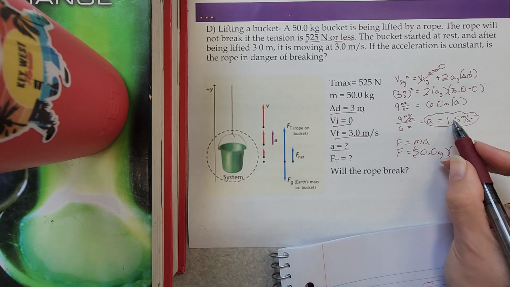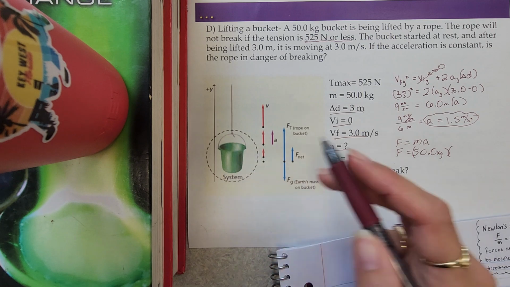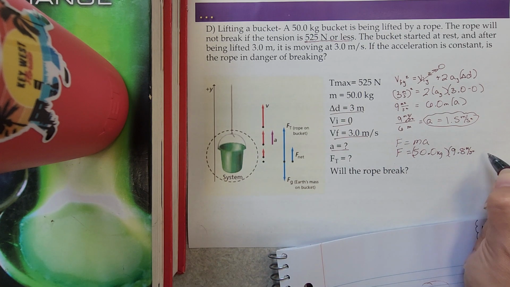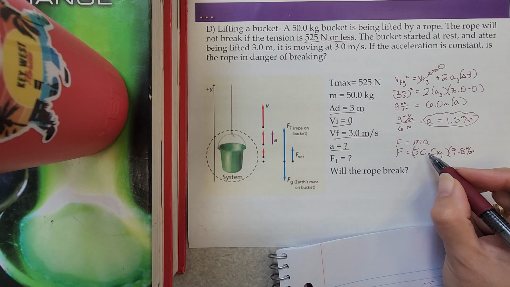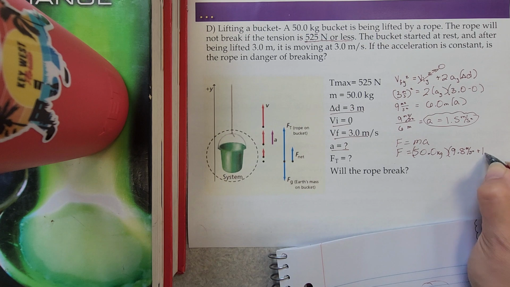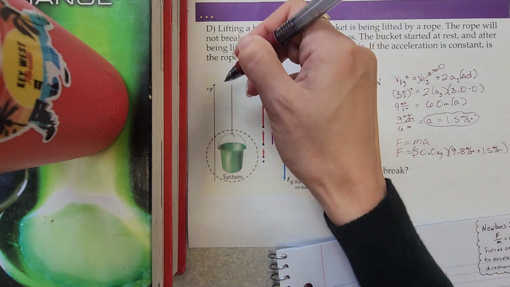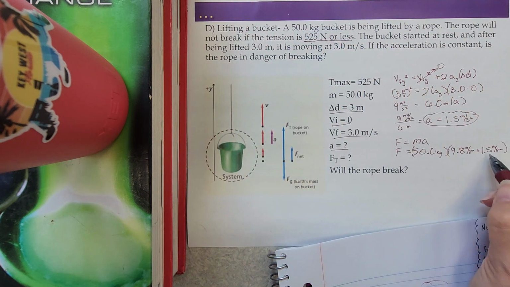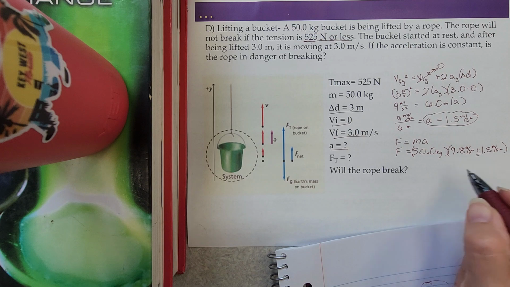times the acceleration, not just this acceleration, but we have the initial weight of the bucket, so we need to do the 9.8. Okay, 9.8 times 50 would give us the initial weight, but remember it's accelerating upward, so we're going to add 1.5. We're adding it because if we pull and accelerate upwards, we're going to make the apparent weight greater, so we're adding the 1.5 acceleration.